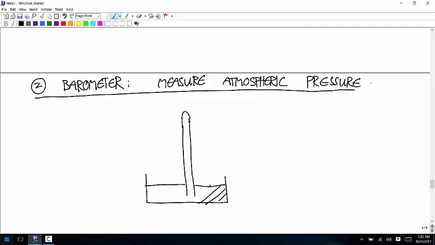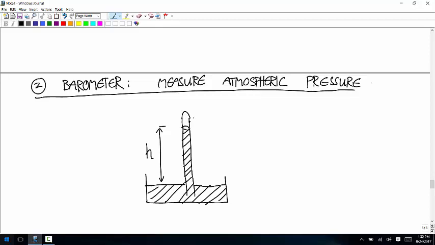So the liquid is at this height in the main part of the container, but it travels up the tube due to the atmospheric pressure pushing down on the top of the fluid. And this is based on this height h.